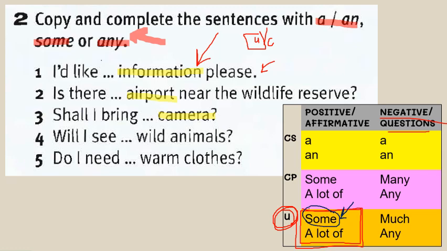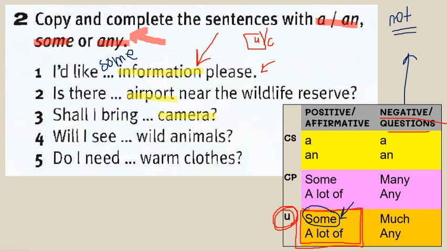So you write down, I like some information, please. Also, teacher tak explain kot tadi. Negative sentence maksudnya yang ada not. Like, I don't, I have not.